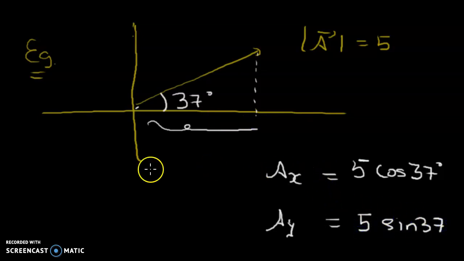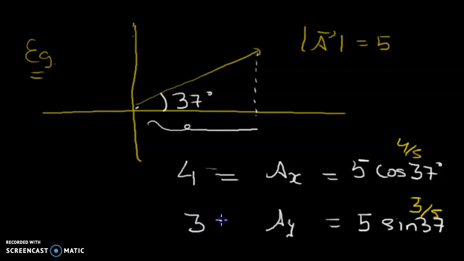I've told you what is cos 37. Cos 37 is 4 by 5, and sin 37 is 3 by 5, so that is 4, and that would be 3. So these are the AX and AY, projection of vector in the x-axis and the y-axis.